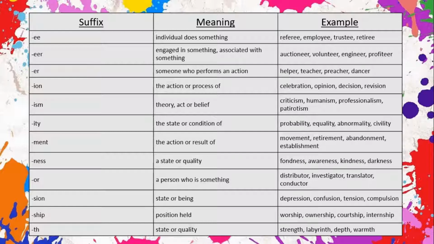So let's take, for example, the suffix ER. The meaning: someone who performs an action. And if we look, help, teach, preach, dance, they are all verbs. And we know that verbs are words that show action or they indicate that something is being done. So help, teach, preach, and dance.